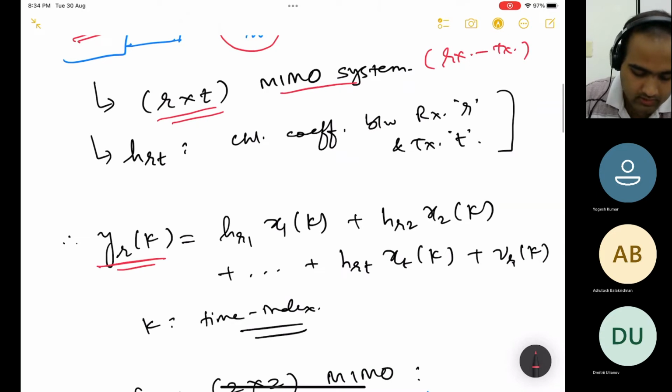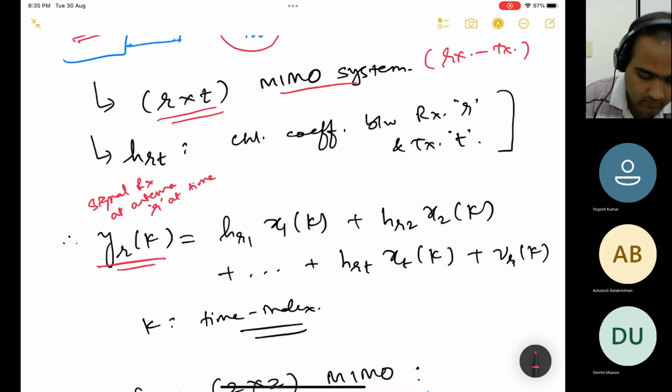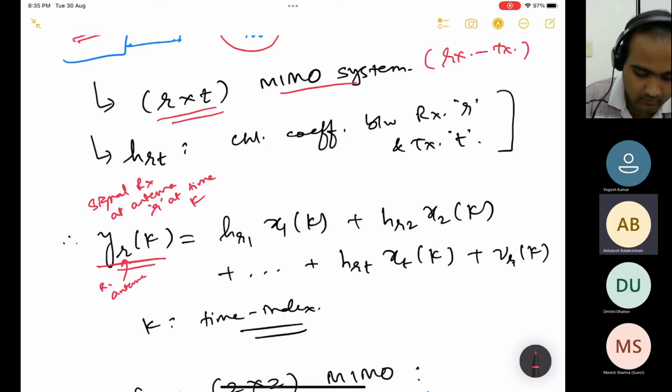So how will we write the signal received at antenna R at time k? This is y_R[k], where R is the receive antenna and k is the time index.